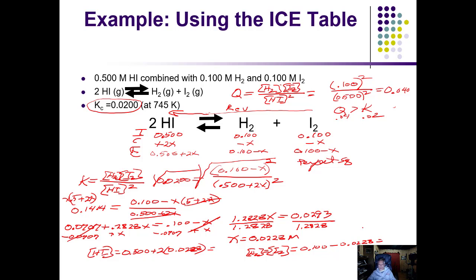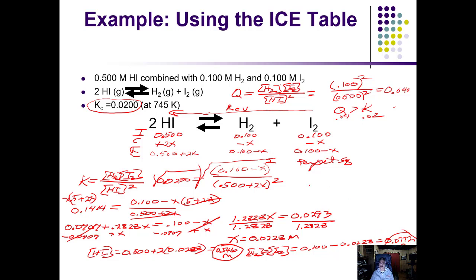All right, let's get an answer for that. So 0.5 plus 2 times 0.0228 gives me 0.546 molar. For H2 and I2, that's 0.1 minus 0.0228, and that gives me 0.0772 molar for those two guys.